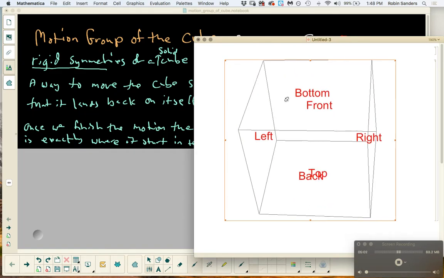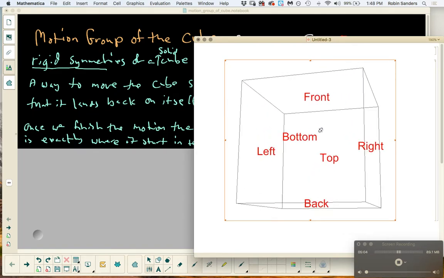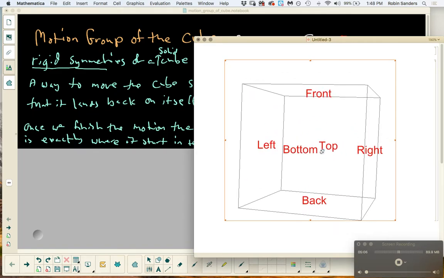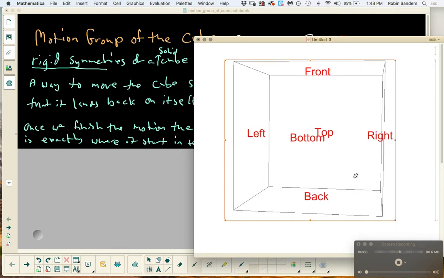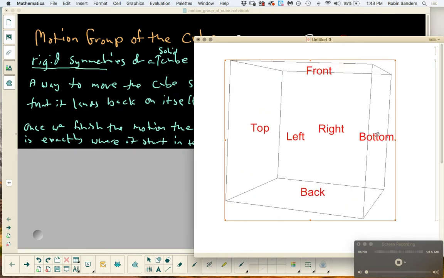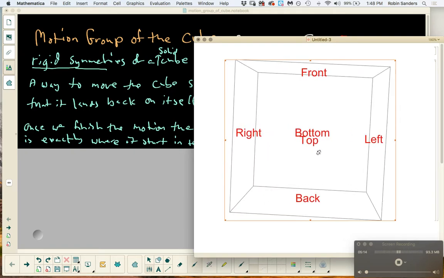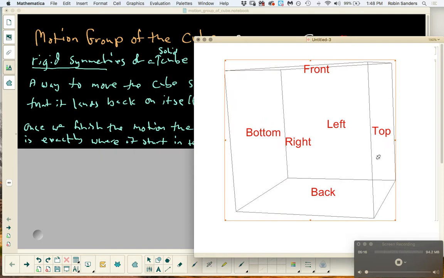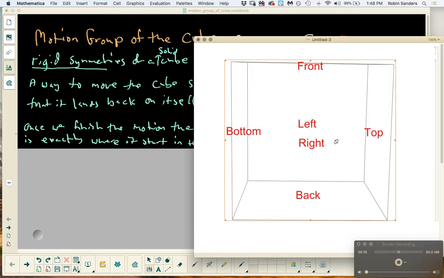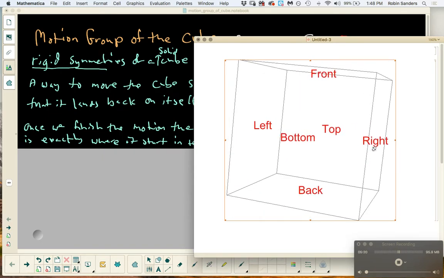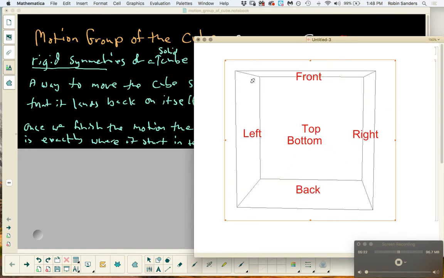And then I can also put the original front side on top. Again, I have the 0-degree rotation, 90-degree rotation, 180-degree rotation, 270-degree rotation, and 360-degree rotation, which is just like not rotating at all.